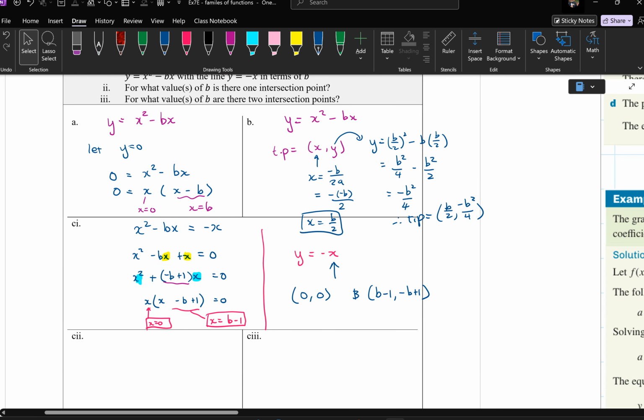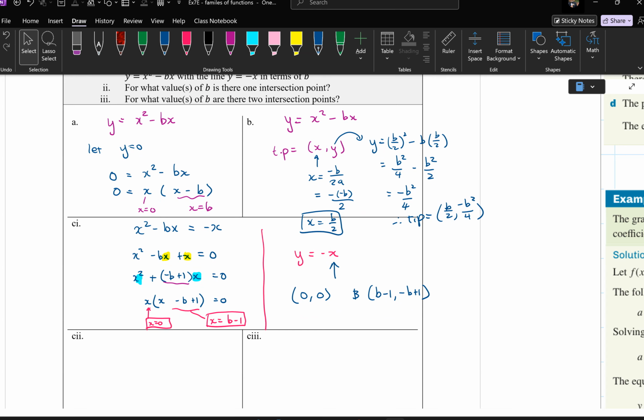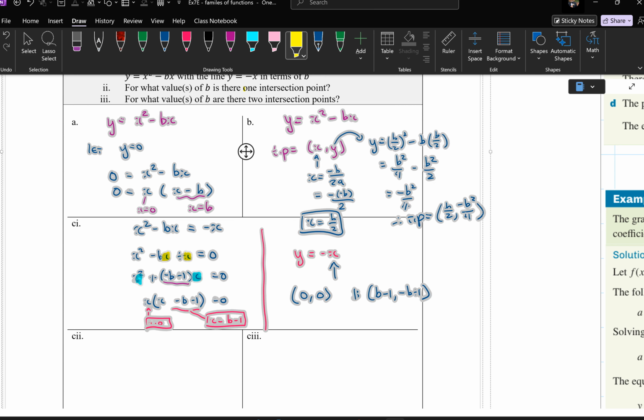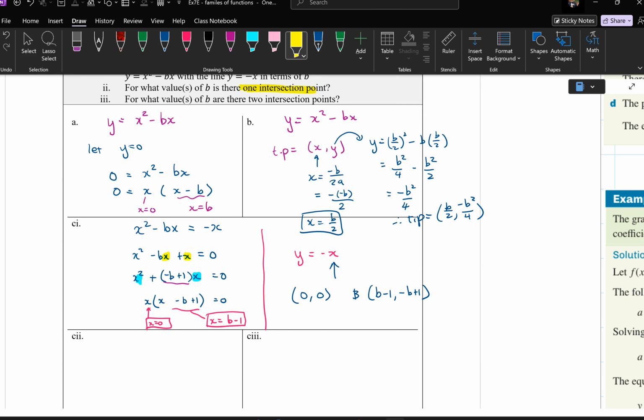Last question, last 2. It says, for what values of b is there one intersection? Now, when you read that, what should you be thinking of? 1 intersection, 2 intersections should imply discriminant. So you should be thinking discriminant equals b squared minus 4ac.